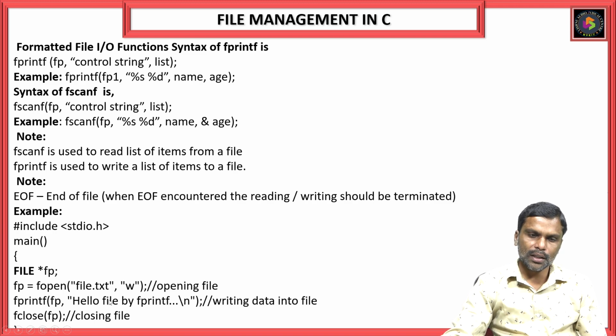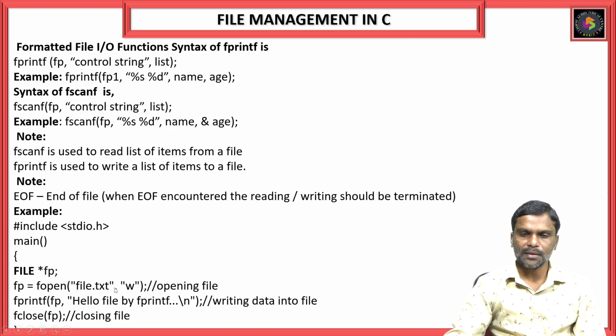So here I will explain with a simple example. Generally header files are written as #include <stdio.h>. In this input output example, we are using fprintf and fscanf. Here only a simple text is taken.